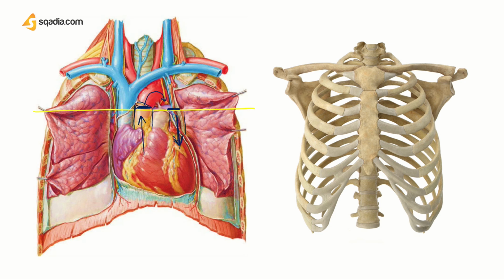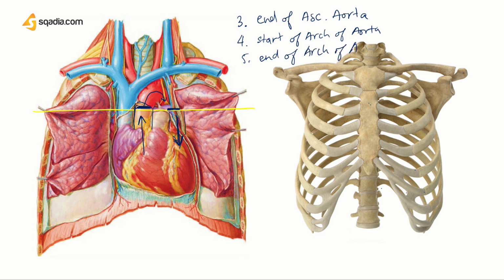Okay, so number 3, end of ascending aorta. 4, the start of the arch of the aorta. 5, end of the arch of the aorta. 6, beginning of descending aorta. So these 4 are related to the aorta.